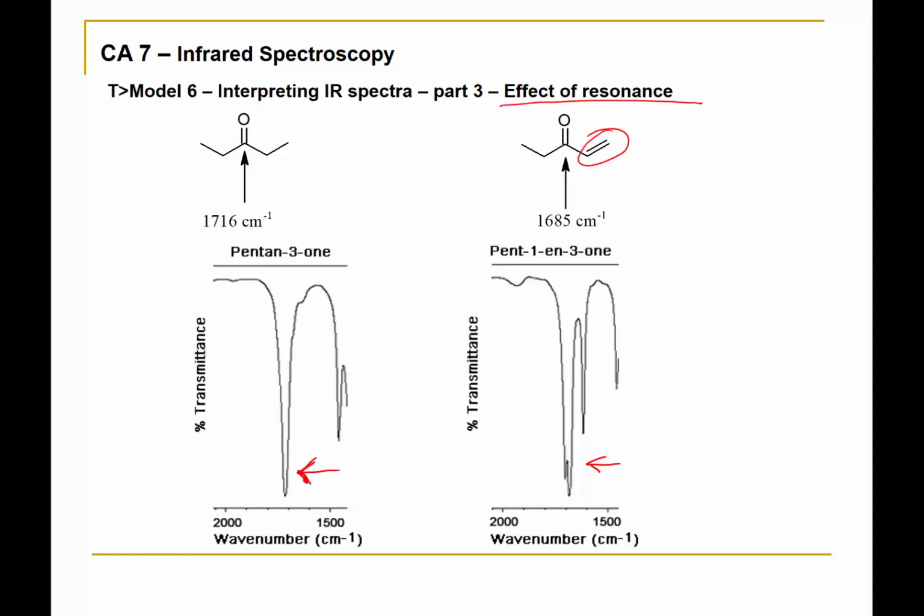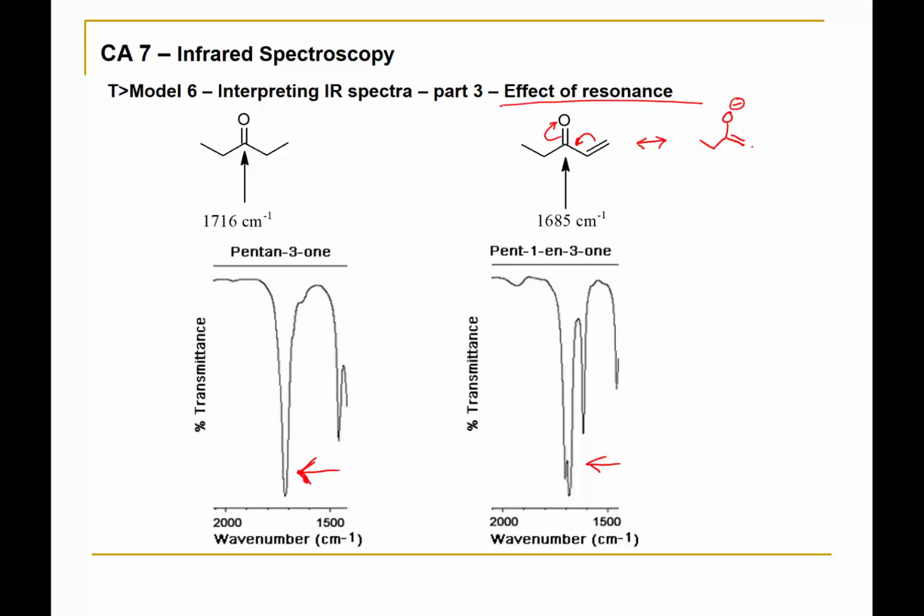Now, we introduced resonance at the beginning of this course. A little bit later, we're going to explore in great detail various kinds of resonance. But at this stage, let me just point out that we can draw a resonance form, although it's not going to be a major contributor, where the oxygen now will have a negative charge.